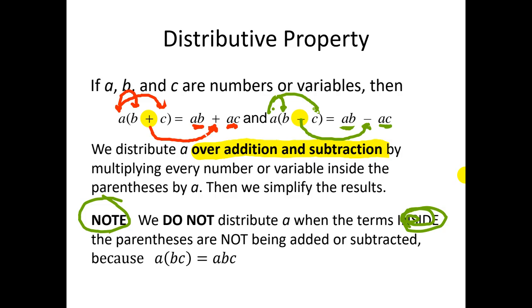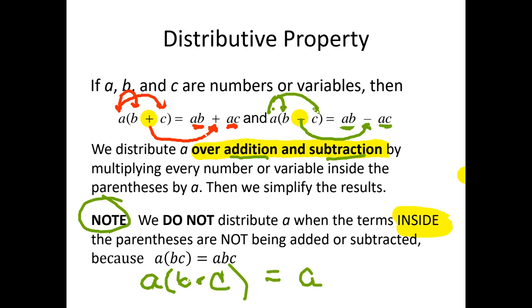That means you're multiplying all of the terms together. This is also another way of saying A, B. Now they're going to put a dot here, followed by C. Well, this dot is not a plus or a minus sign. You're still going to get A times B times C.